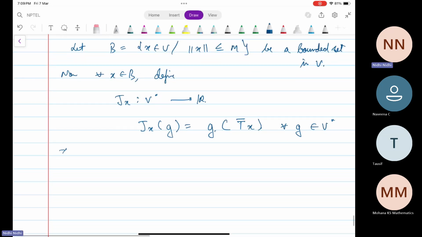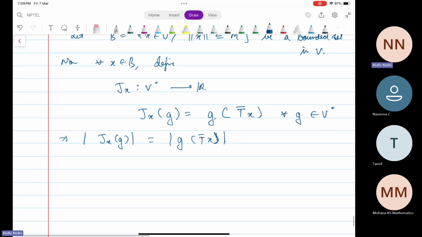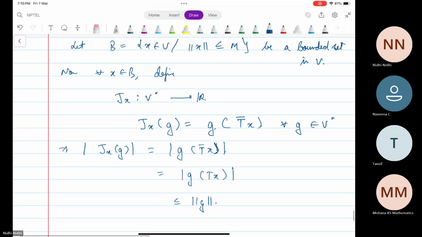So this implies mod Jx(G), which is equal to G at T bar x, which is basically G at Tx itself, because T and T bar are the same, just with different topologies. This is less than or equal to norm G times norm Tx, and Tx is an element in V.